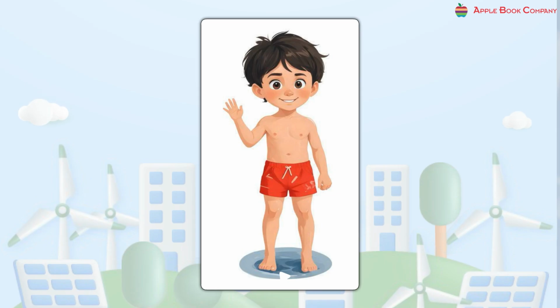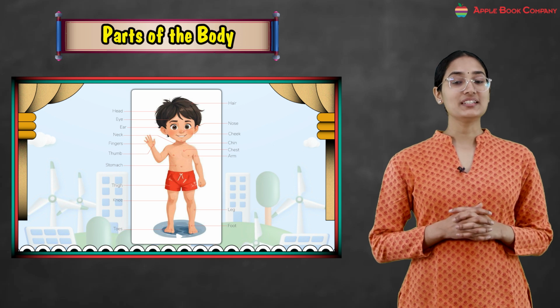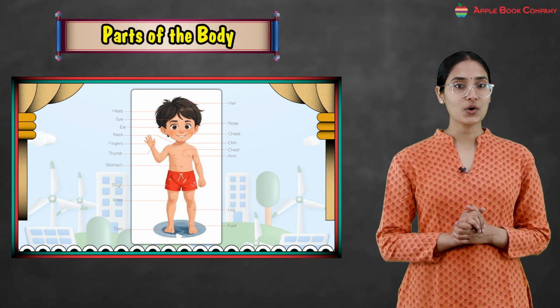So the boy has hair, then nose, cheek, the head, eye, ear, neck, fingers, then thumb, stomach, chin, chest, arm, thighs, knees, legs, foot and toes. Right. So these are all the different body parts in our body.